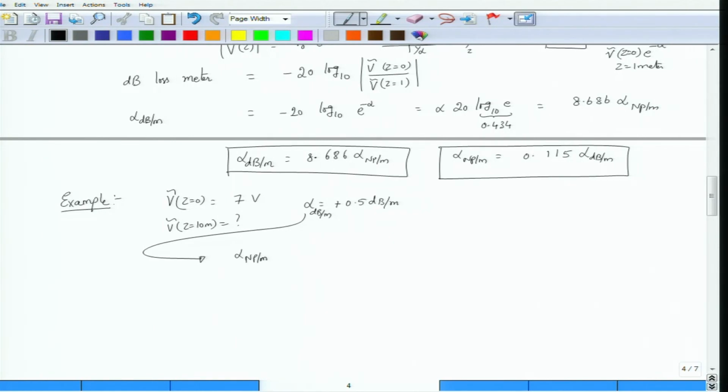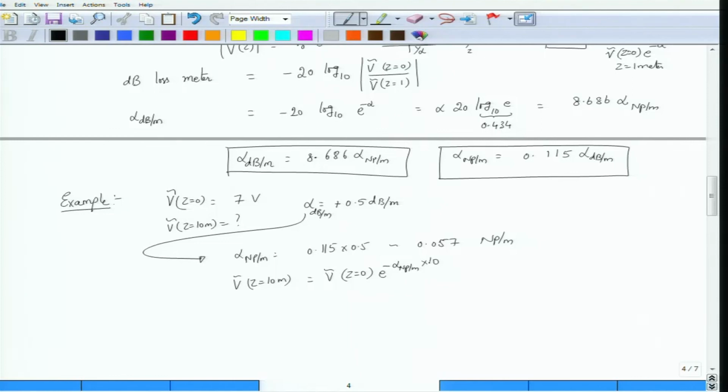When you convert that, that would be 0.115 into 0.5, which is approximately 0.057 Neper per meter. And then the voltage at z equal to 10 meters will be the voltage at the source side times e power minus alpha in Neper per meter into 10, because z is equal to 10.